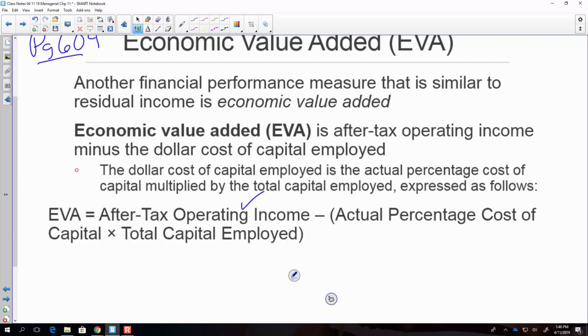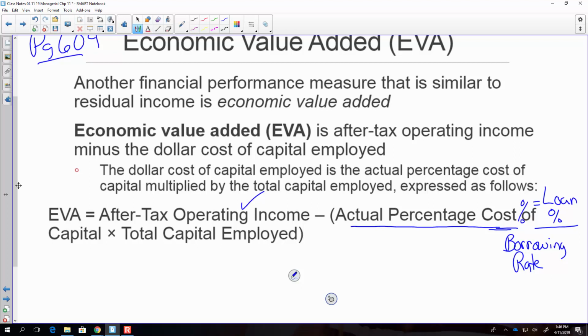And also different is that we're going to use the actual percentage of cost of capital. And this cost of capital percentage is really the loan percentage or borrowing rate. The loan percentage or borrowing rate is what we're going to use for the economic value added.